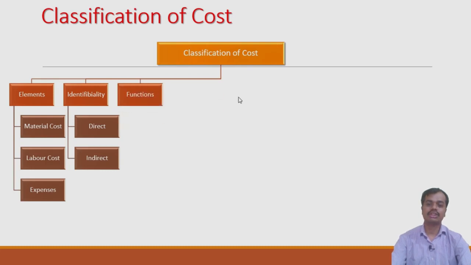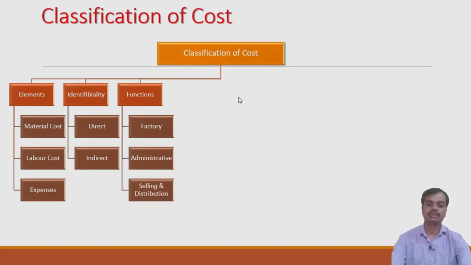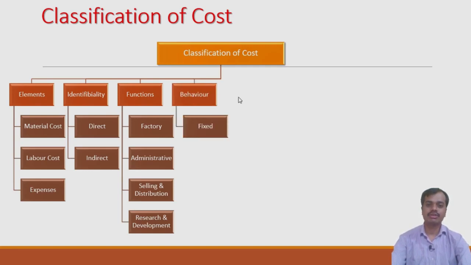Next is function wise. Factory cost, administrative cost, selling and distribution, and research and development. Next is behavior wise. Under behavior, fixed cost, variable cost, and semi-variable cost.